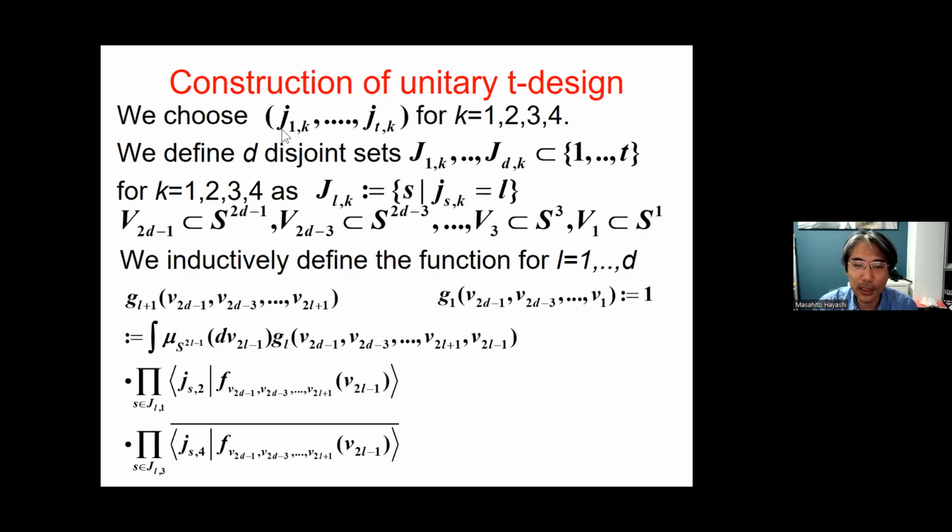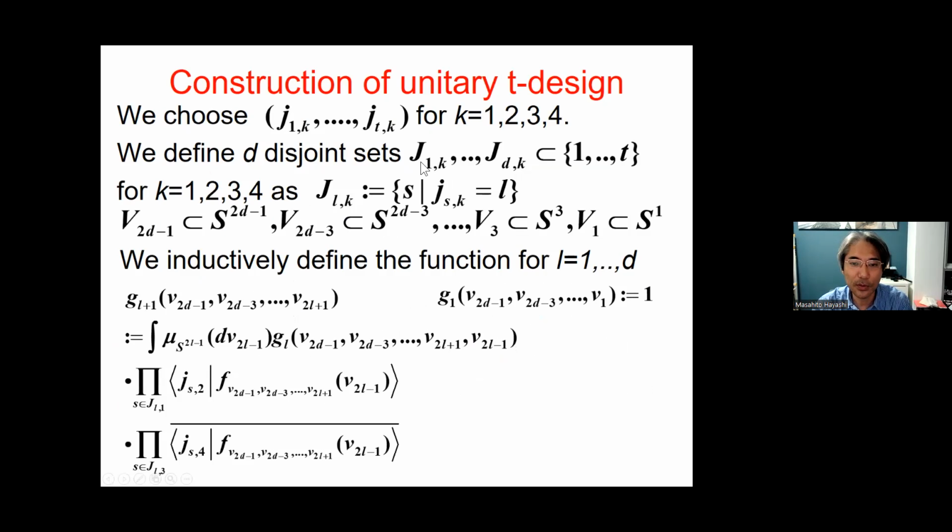So in order to identify each matrix component, we need to prepare four sequences. One sequence is J_1 to J_T. This is very annoying, but in order to identify the matrix component, we need to prepare four sequences, and for each sequence, we need to define a subset of this one.